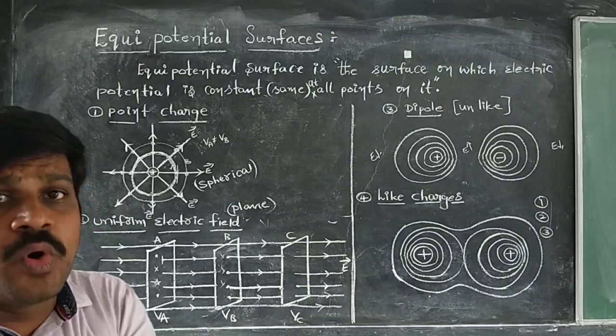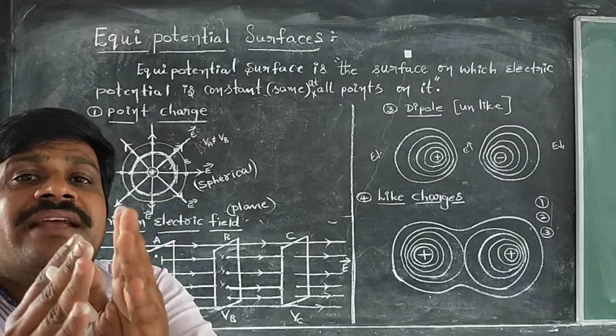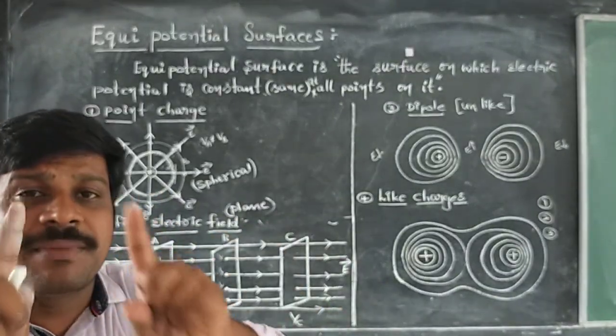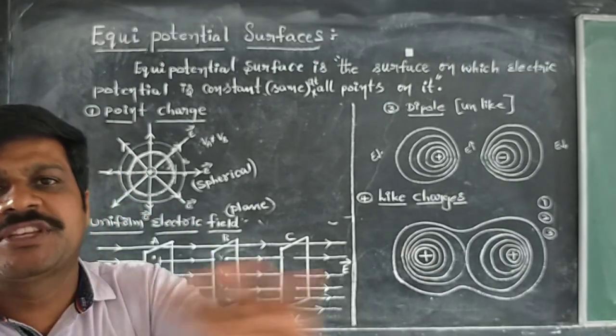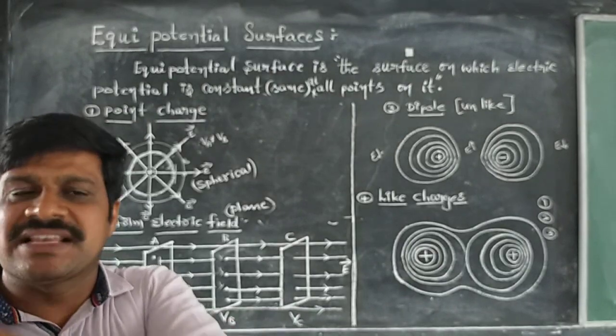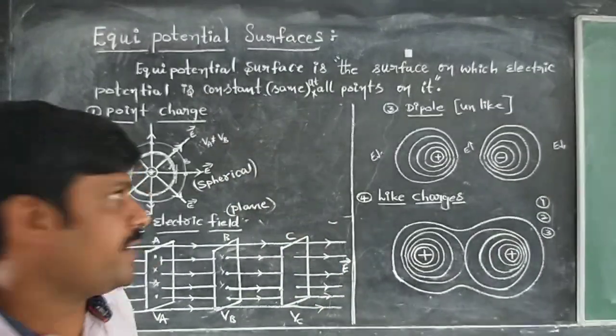Because two different equipotential surfaces have different potentials. If they intersect, at that point they must have the same potential, which is impossible. That means two equipotential surfaces never intersect with each other. This is the third point.